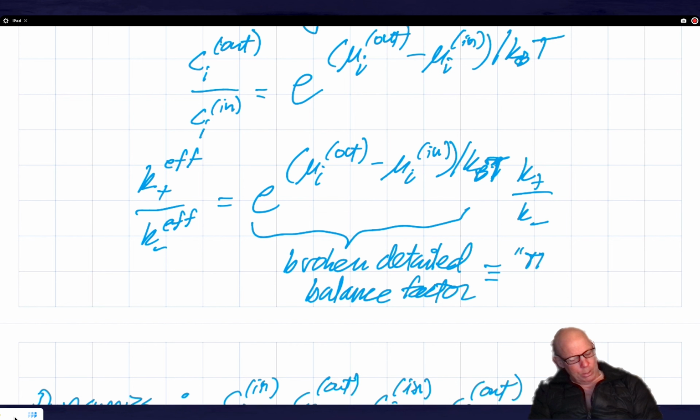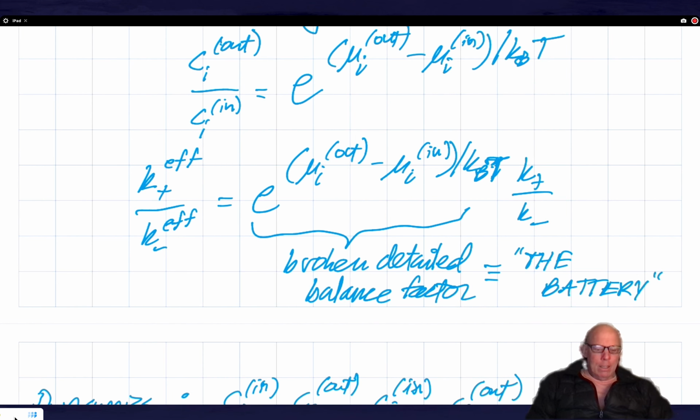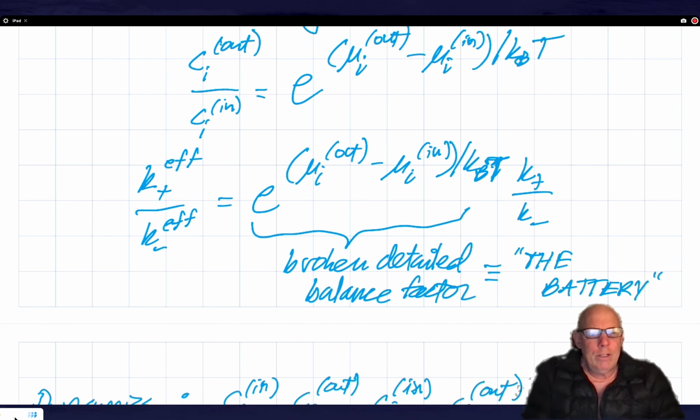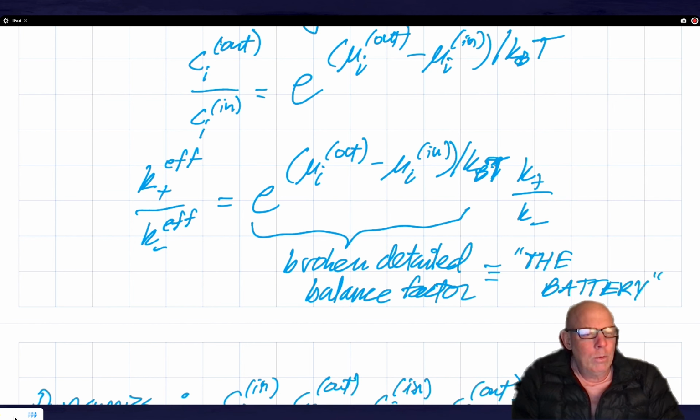I want you to see that the battery allows us to push the rate constants to values that are different than their equilibrium values.